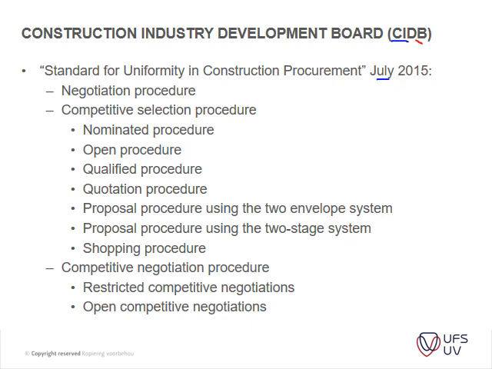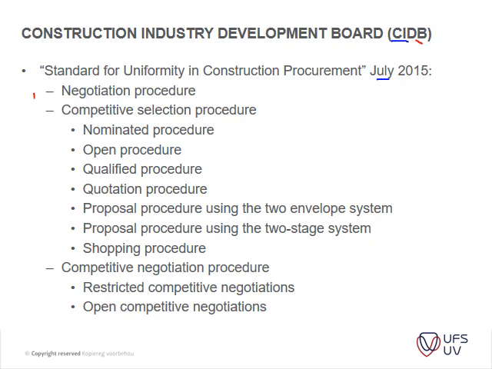So if he's a GB contractor, he can do building work. If he's a 1 GB, he will not be able to do work for over 2 million rand, etc., etc. But the Construction Industry Board actually gives nice guidelines on how your procurement documentation should look.